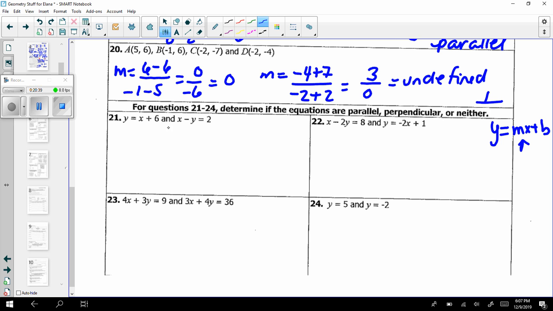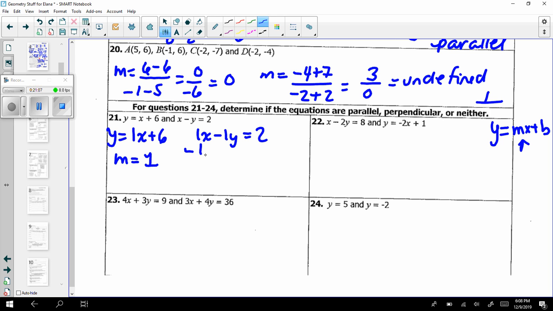Here, when I have y equals 1x plus 6, my slope is 1. Let's look at this one. I have 1x minus 1y equals 2. Do you see how I'm putting in the ones? I'm doing that to make it easier and prevent me from making mistakes and forgetting about that 1.